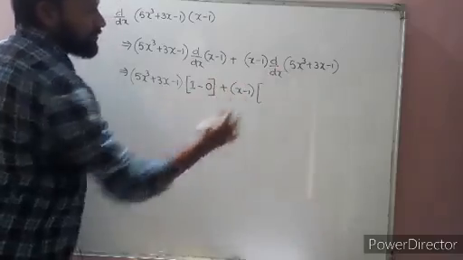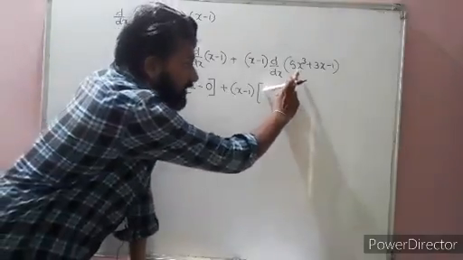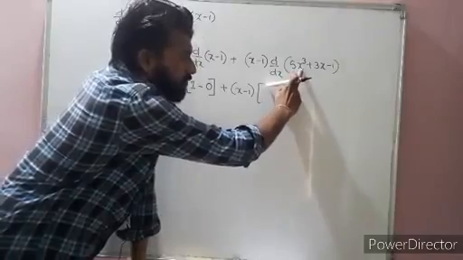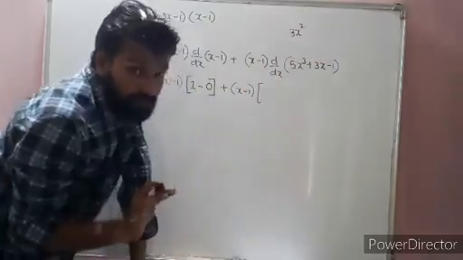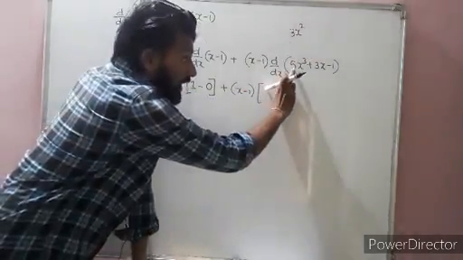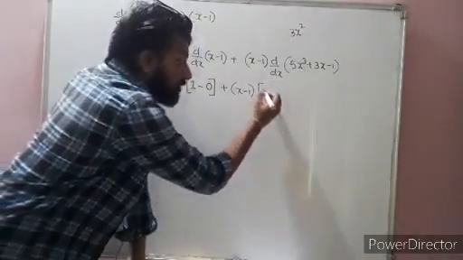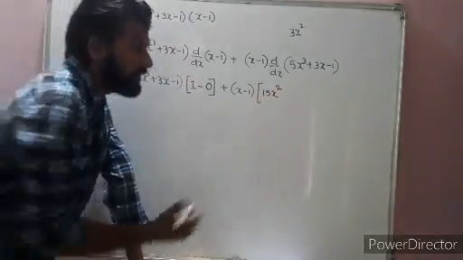Now let's take the derivative of this one. Let me make some adjustment. Let's not worry about 5, okay? Let's take the derivative of x cube. The derivative of x cube will be 3x square, which we know, isn't it? But I already have 5 here. So this 3 and 5 will multiply each other, so it will be 15x square. Yes, you are right.